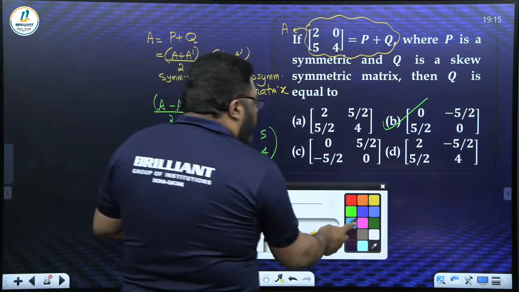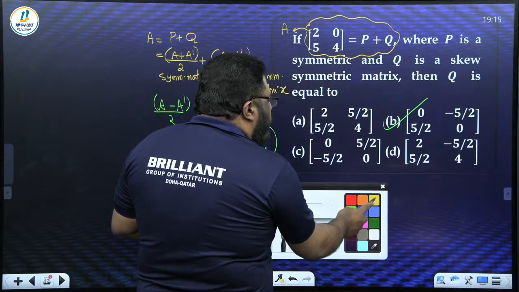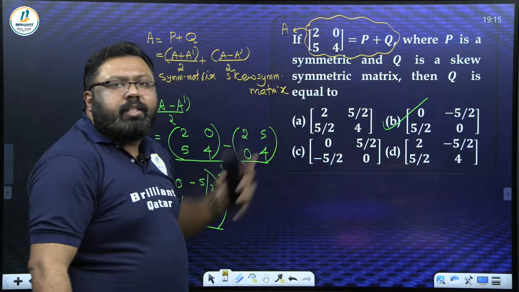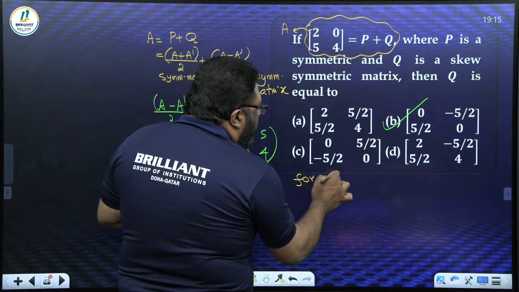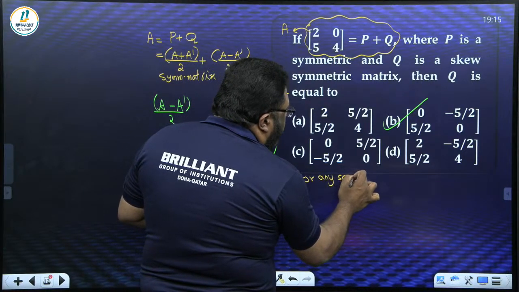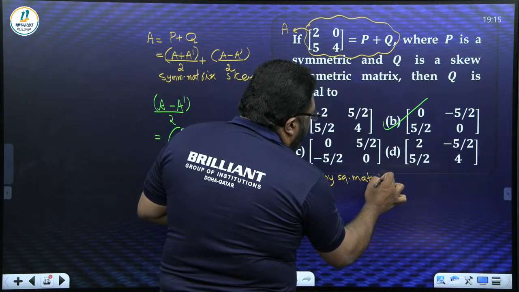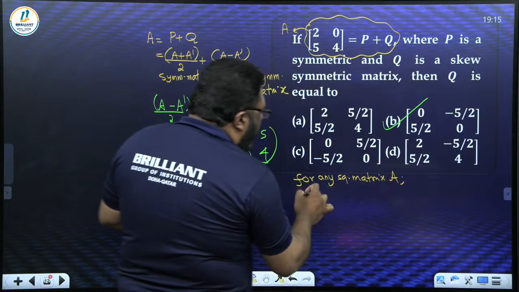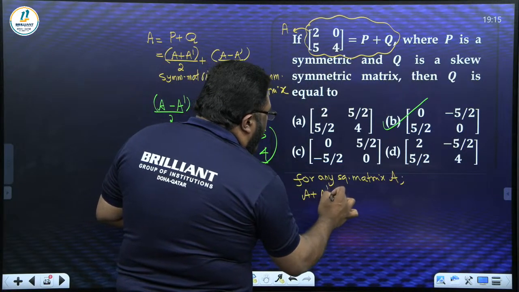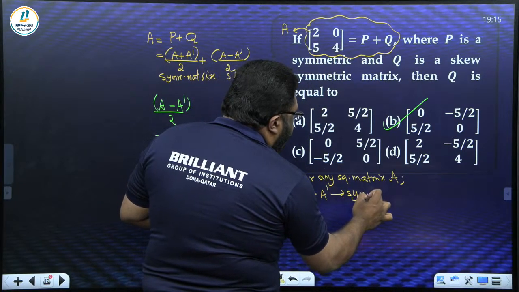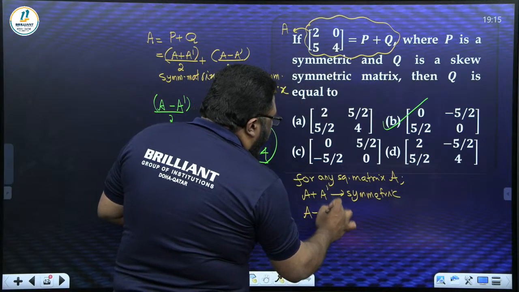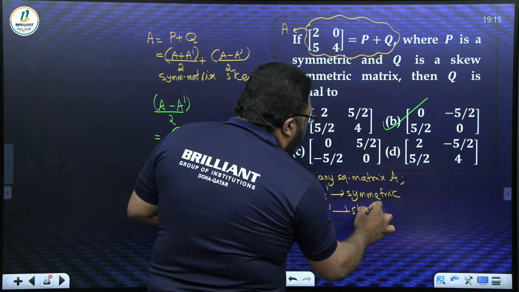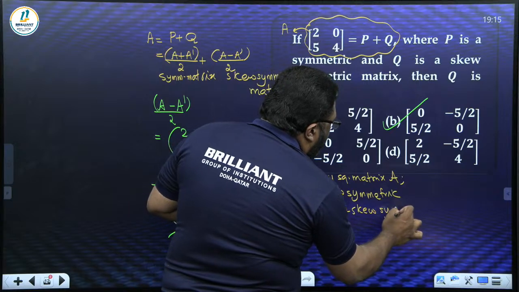Now, along with this question, I would like to introduce a few more things with regard to these concepts. For any square matrix A, remember it, A plus A dash is symmetric. A minus A dash is skew symmetric.